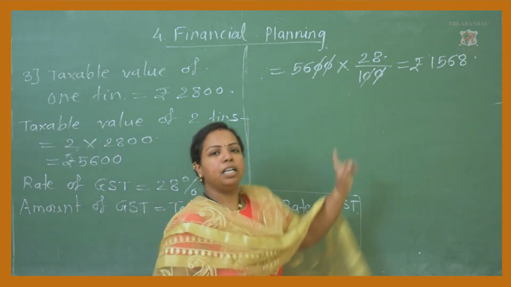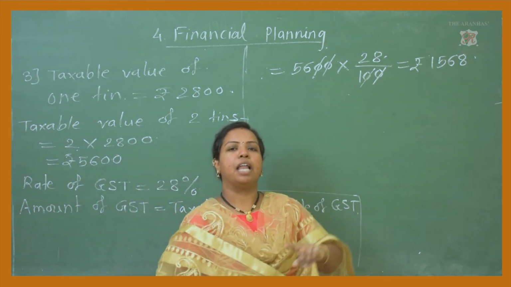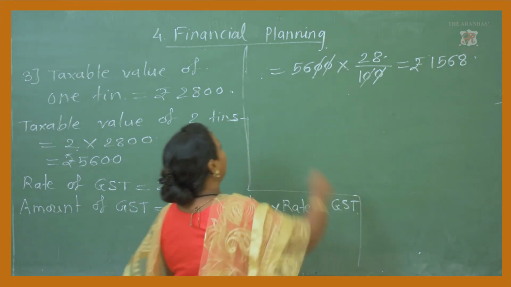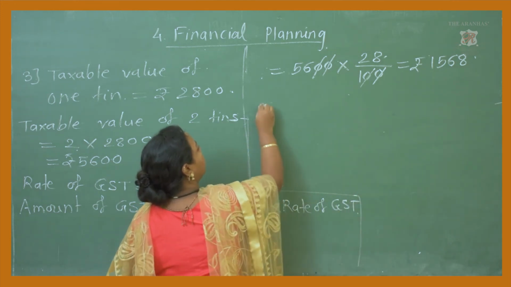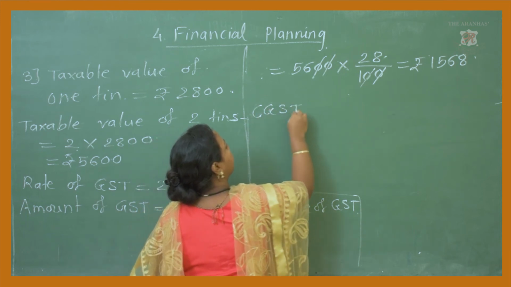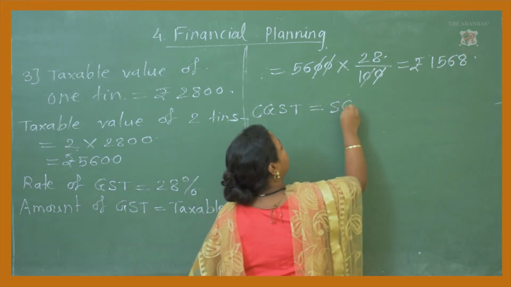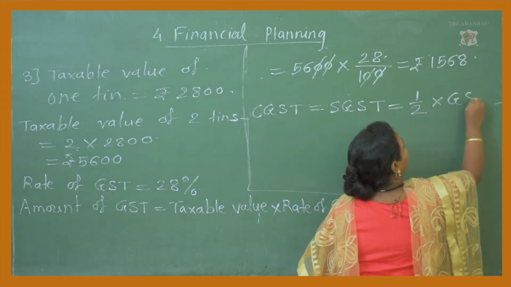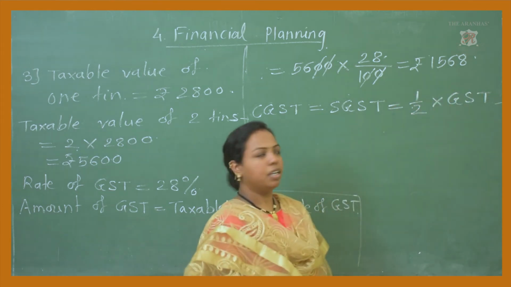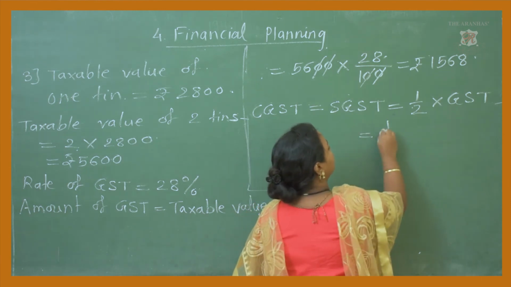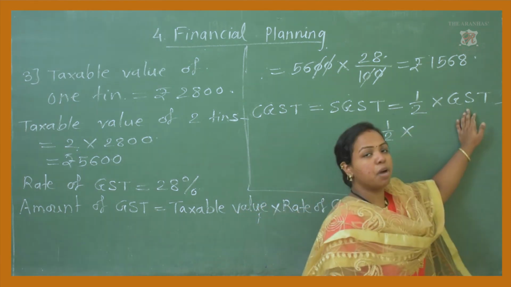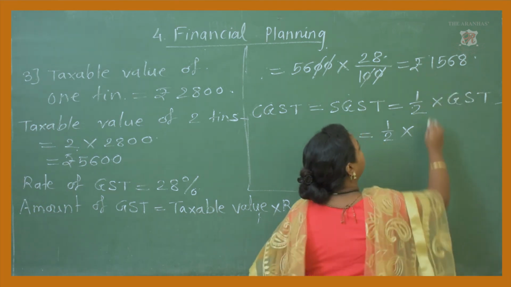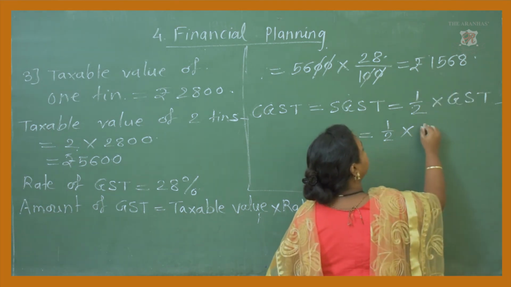Now, once we get this amount of GST, we can calculate CGST value and SGST value also. Now, what is CGST? Which is equal to SGST. This is half of GST. So, half of what is our GST amount? It is 1,568.